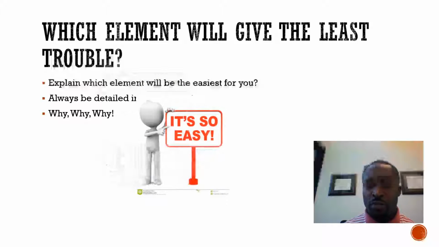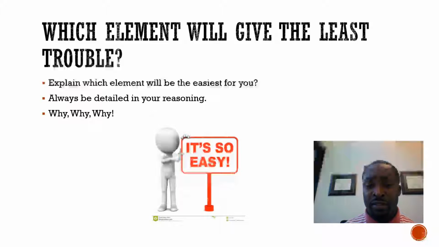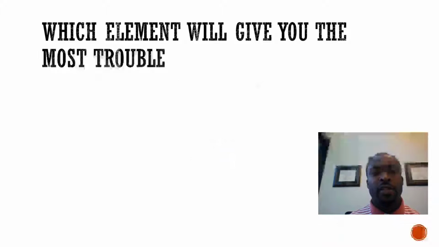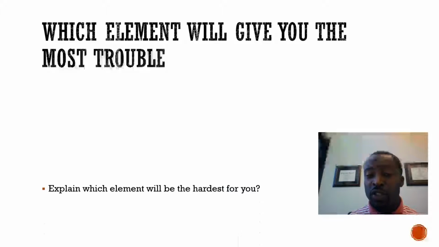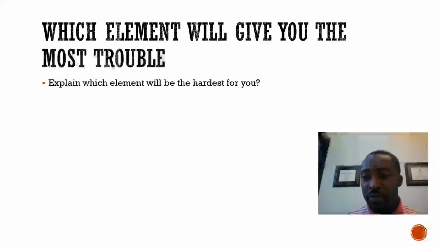Okay, so why is it easy? If you see the picture right here, this is so easy. So which element is going to be easiest for you to write about? The next thing is, which element will give you the most trouble? So which will be the hardest for you to write about? And I think I just messed that up on the last one.